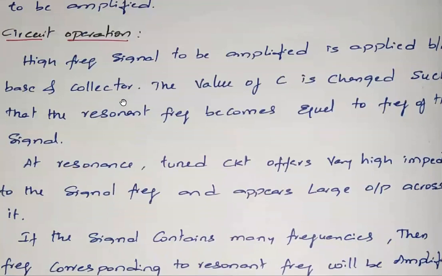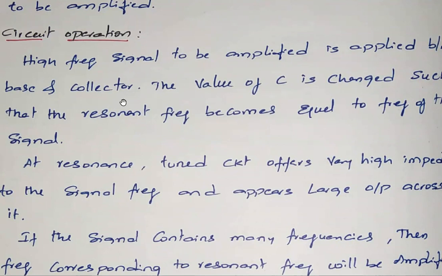In circuit operation, the high frequency signal that is to be amplified must be applied between the base and emitter. The value of C is changed such that the resonant frequency becomes equal to the frequency of the signal.